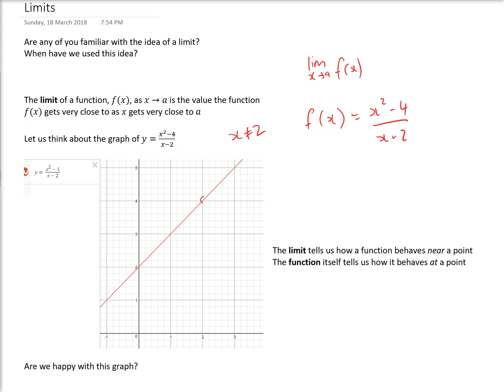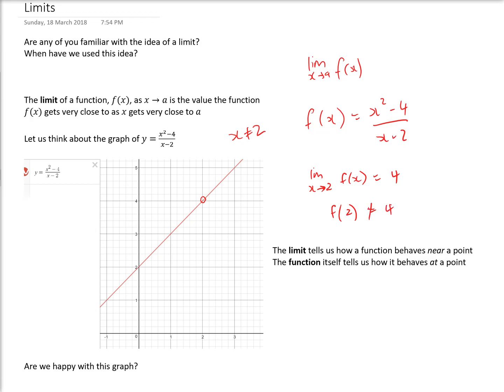And so here the limit as x tends to 2 of this function is 4. However, the function of 2 does not equal 4.